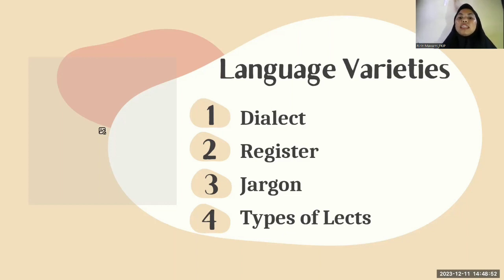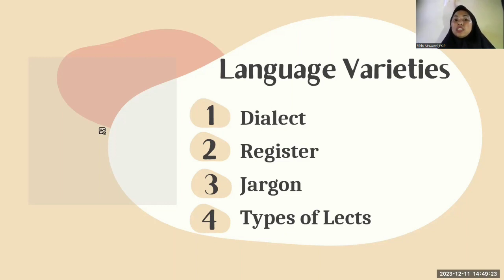Dialects often develop within specific geographical regions, social groups, or communities, reflecting their unique culture and historical influence. This variation can include differences in pronunciation or accent, vocabulary, syntax, and even specific phrases or idiomatic expressions.